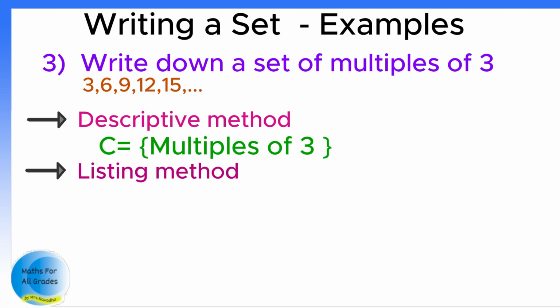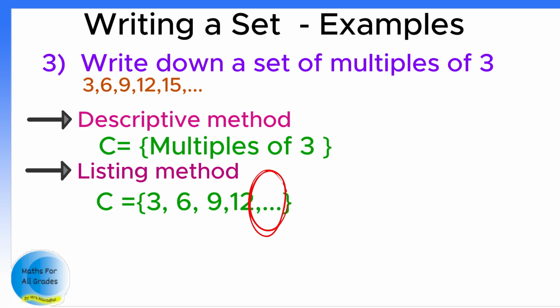So we can write, I'll take C to name the set, C equals 3, 6, 9, 12 and so on and then close the brackets. So these 3 dots tell you that the elements keep going like this and it never ends.